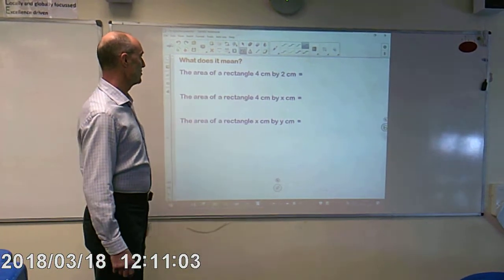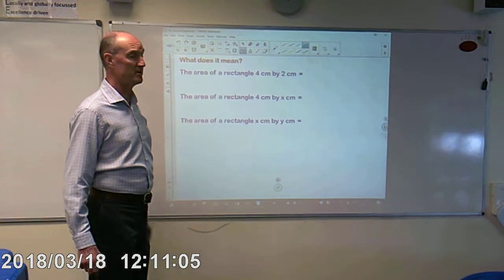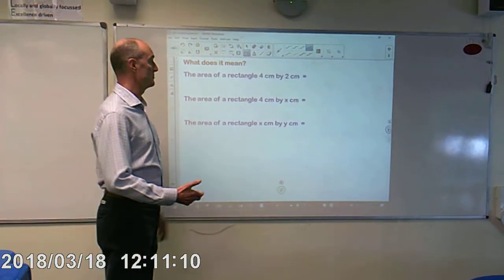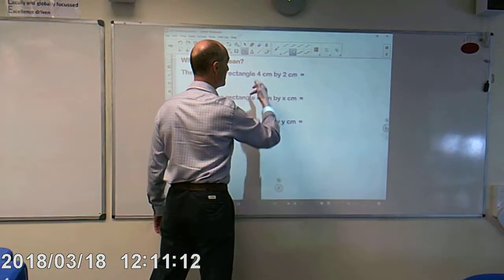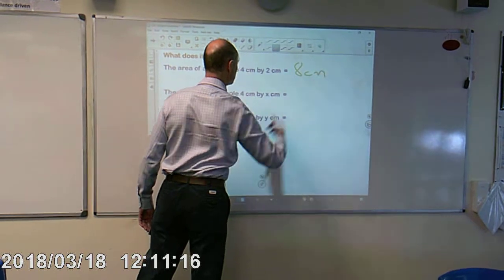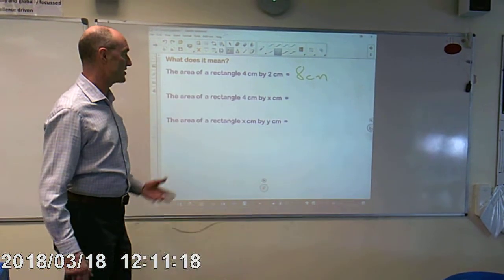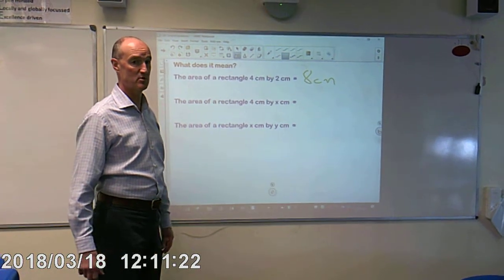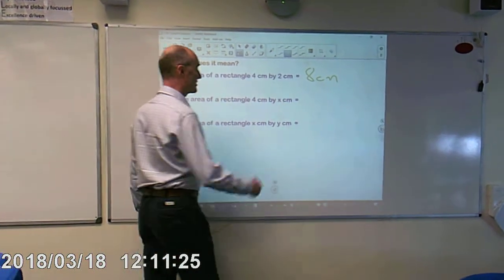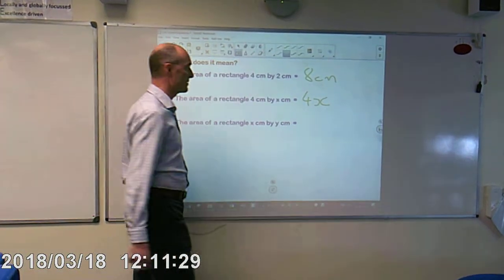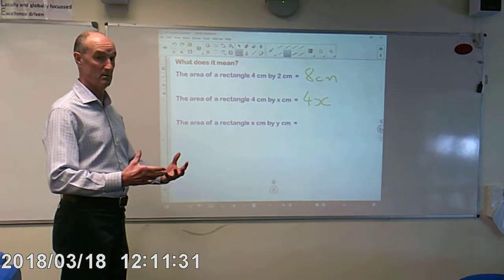Area of a rectangle. 4 centimetres by 2 centimetres. What's the area of a rectangle? It's base times height. So it's going to be 4 times 2, which is going to give you 8 centimetres. If you have a rectangle, you've got one side that's 4 centimetres and the other side's x centimetres. 4 lots of x. 4x is going to be the value of the area.